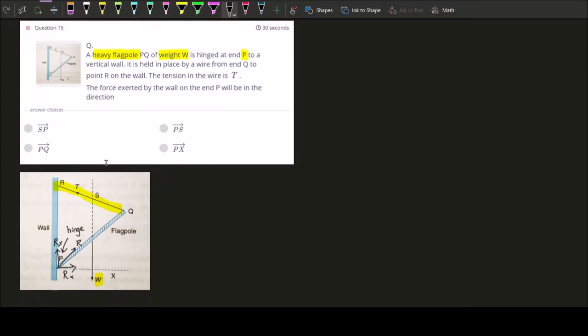So which of these vectors looks like it's pointing in this direction? Well, SP, if S is here, P is here, then the direction will be like this. Well, this is exactly the opposite. So SP is wrong. PQ, P is here, Q is here. So if you go like this, this seems to make sense. Then you have P to S. S is somewhere around here, so P to S looks like it makes sense as well.